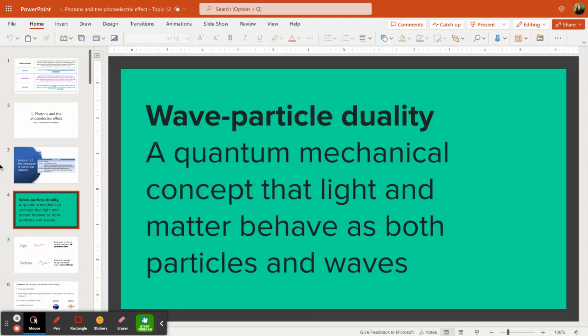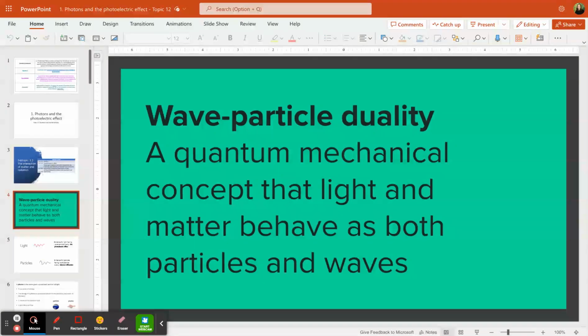The first thing to write down is this phrase: wave-particle duality. You may have heard of it before. You probably have, knowing you lot. You've probably watched many videos on it. Wave-particle duality is a concept within quantum mechanics that says that light and matter, so everything you've learned so far, that light is a wave and matter is particles, is thrown out of the window.